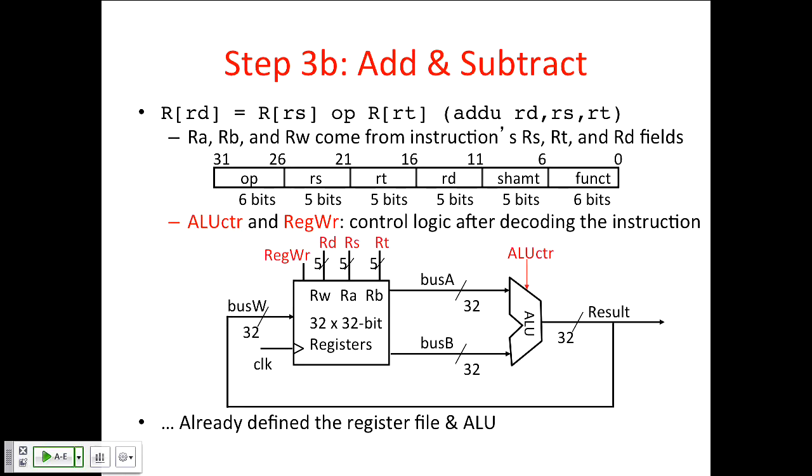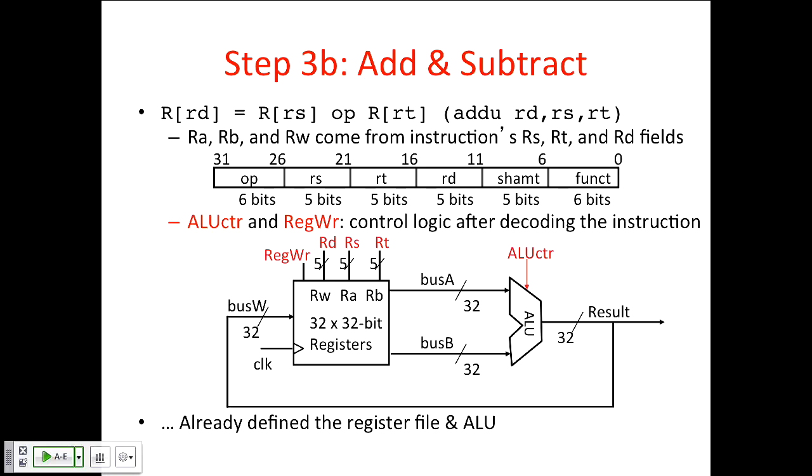So now let's look at a different piece of the data path, just around where the ALU is, the add and subtract pieces. These bits appear on the output of the instruction memory. The control unit is going to look at those, decode them, and figure out how to set the data path. But if you notice, this is how I start building this unit up. We have the register file already. We just wire it to the ALU, right? So the register A port and the register B port go to the ALU.